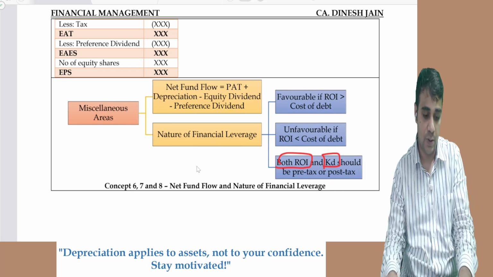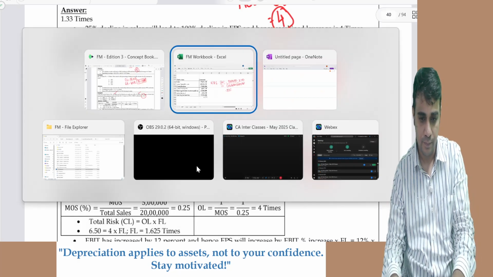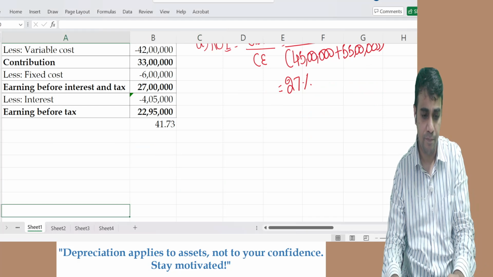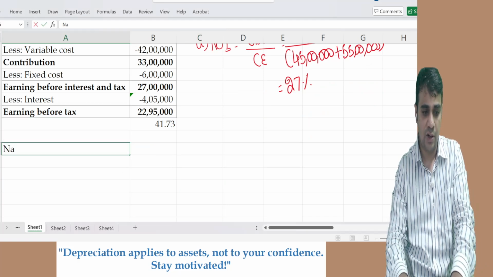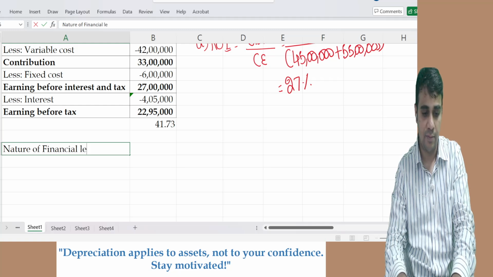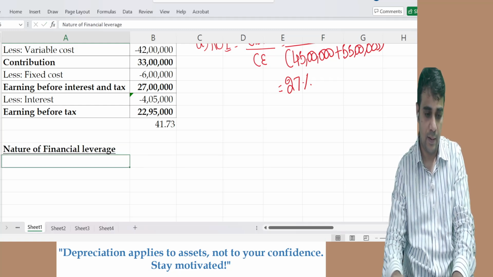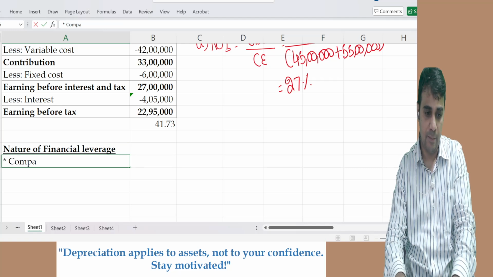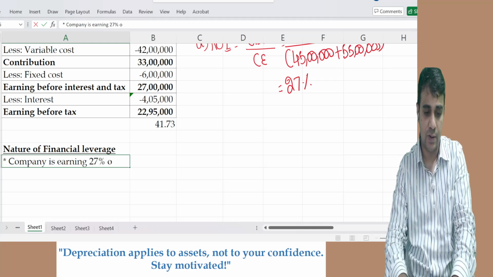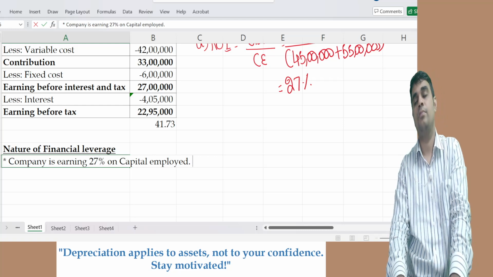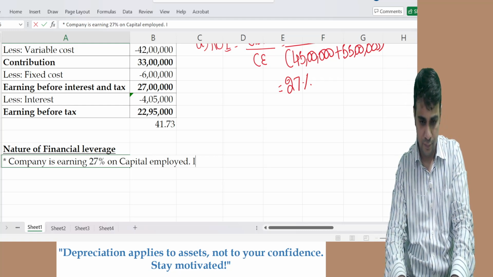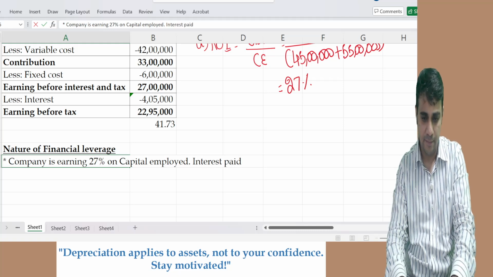Now coming back to the question. Nature of financial leverage. Company is earning 27% on capital employed. Interest paid is only 9%.